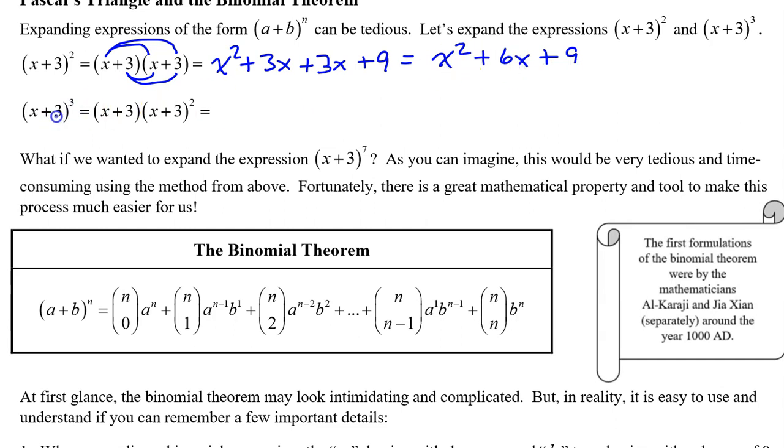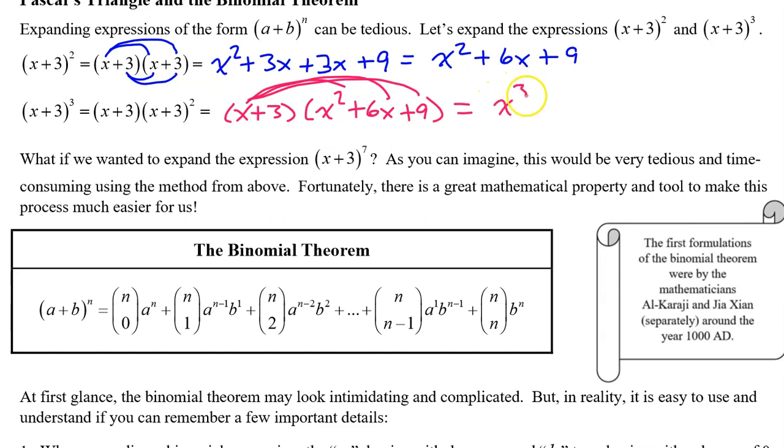But what if we want to expand x plus 3 to the 3rd power? That would be the same as x plus 3 squared times another x plus 3. So first we would have to do what we just did, but then we would have to take another x plus 3 and multiply it times our previous answer. So we could do this by hand by doing the distributive property 6 times. So x times all of this will be x to the 3rd power plus 6x squared.